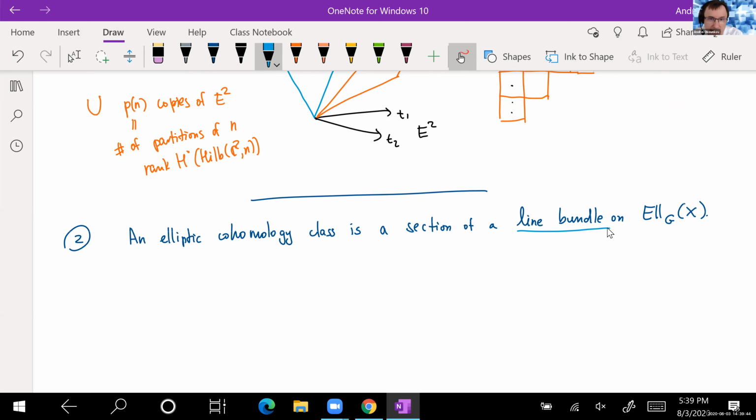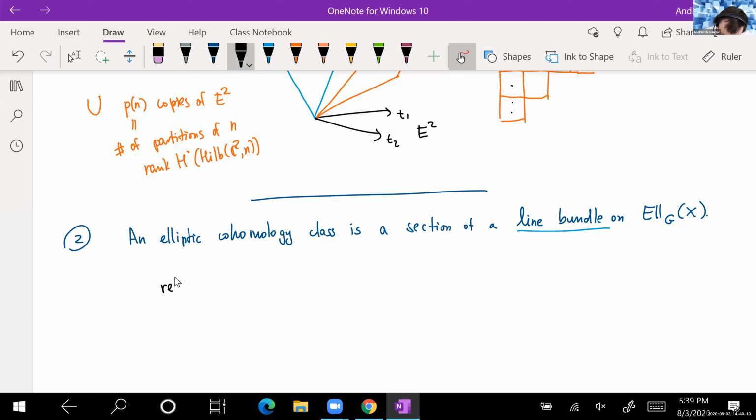And so where are we going to get line bundles? So in principle, Pic of that scheme is an interesting thing. One can study Pic of that object, and it's a kind of interesting thing to study in algebraic geometry or topology. But we're going to be content with something which is again some tautological construction. So where are we going to get line bundles?